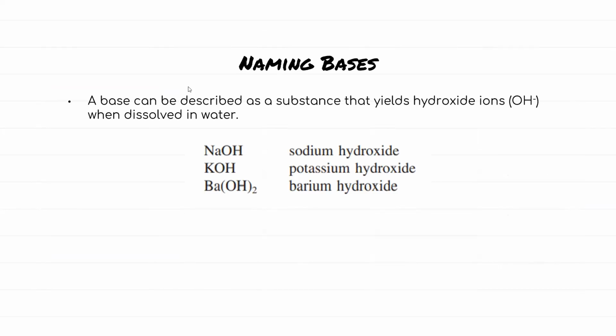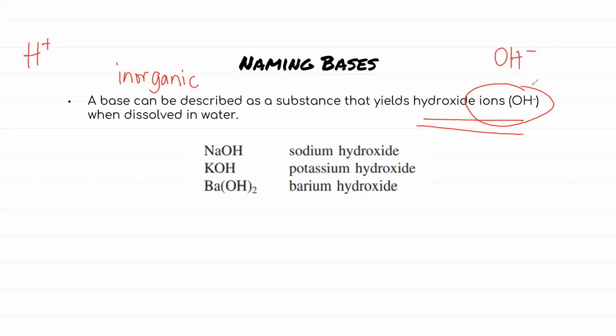So how about naming of bases since we are done with the acids? Ang acids, class, may hydrogen. Paano yung bases? Our inorganic bases do contain hydroxide ions. Again, ang mga bases natin, especially if they are dissolved in water, they will give the hydroxide ions or the OH negative.